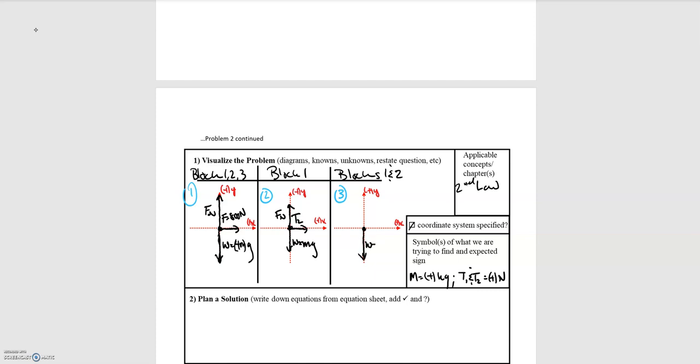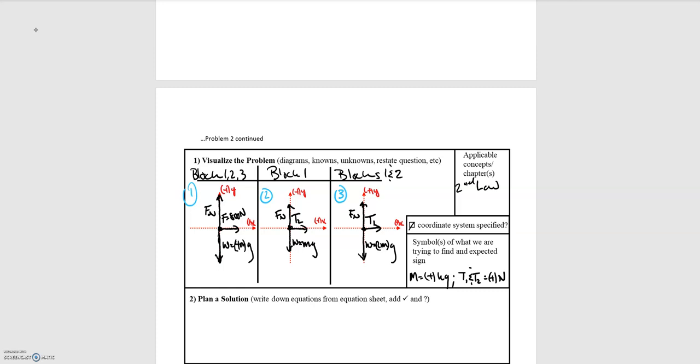Is it 1 mg or is it 2 mg? Since we're combining the first and second blocks, it's going to be 2m times g for the weight force. Balancing that weight force upwards is the normal force, and that's going to give us a net acceleration of 0 in the y direction. And then we have the tension force being applied by the cable, which is T1, to that system.